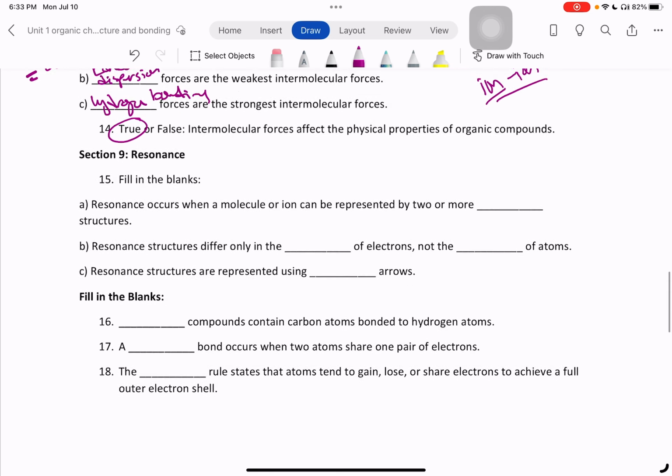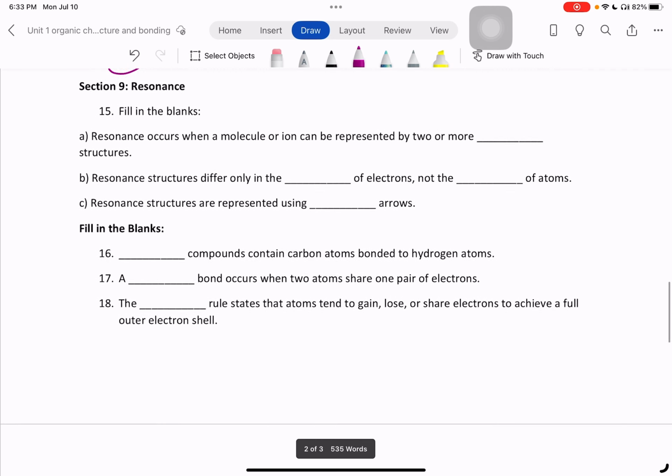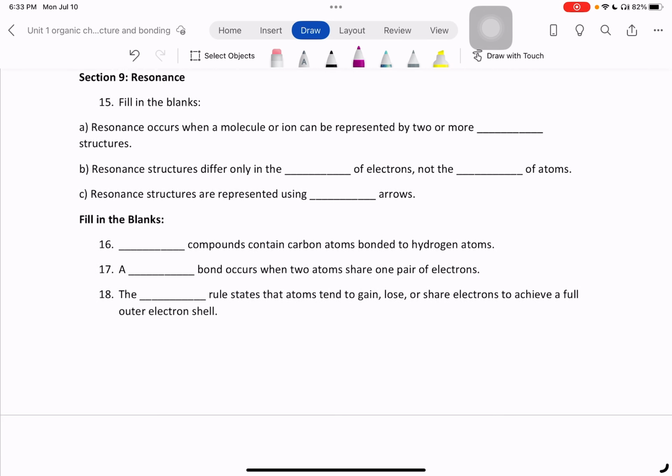Okay, next, resonance. Let's find the blank. Resonance occurs when a molecule or ion can be represented by two or more what? Structures, right? So two or more resonance structures. We have the same molecule, but for example, sometimes you have a double bond, sometimes you have a triple bond that creates a hybrid in some places, right?